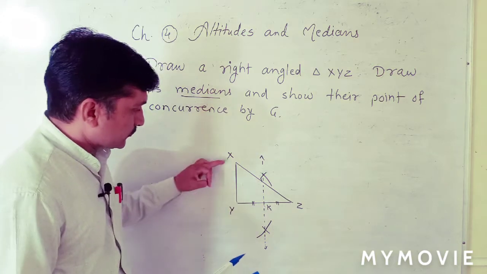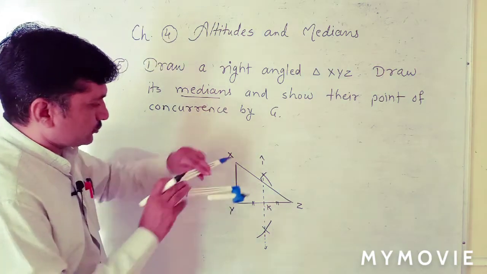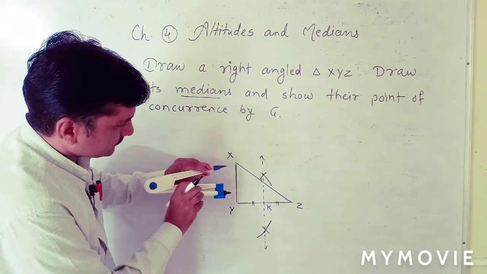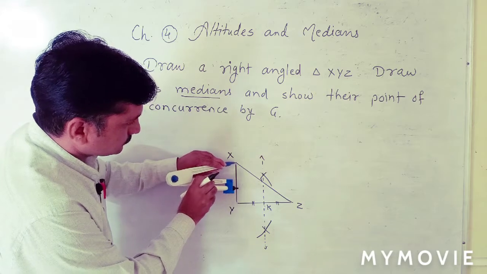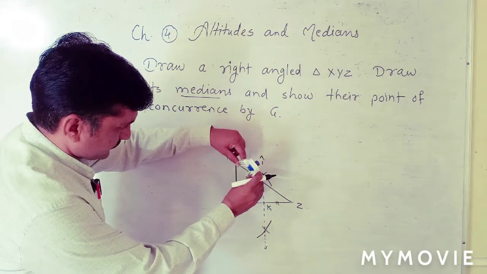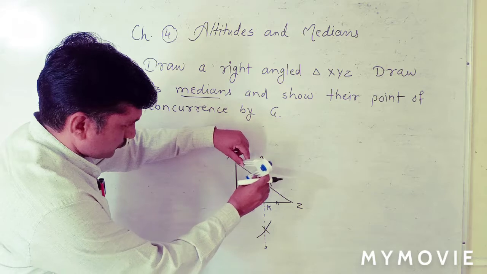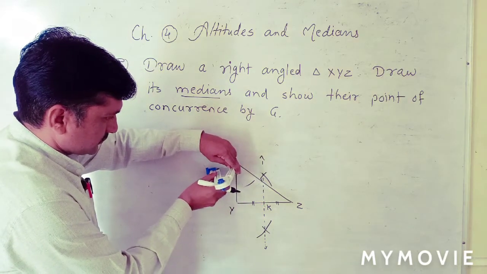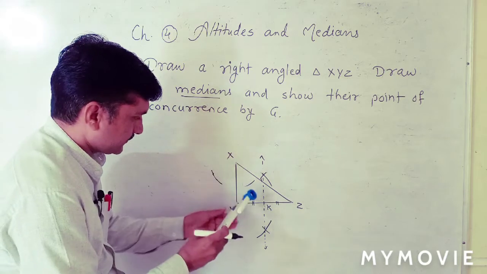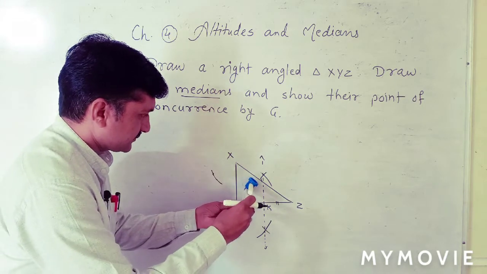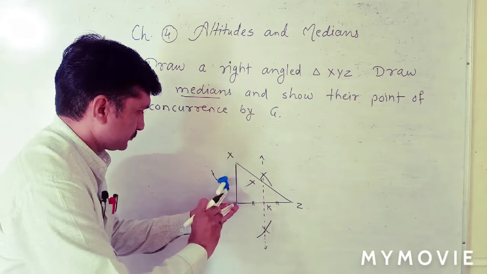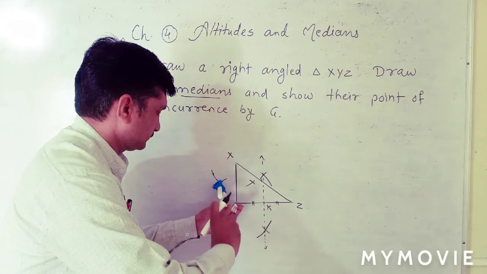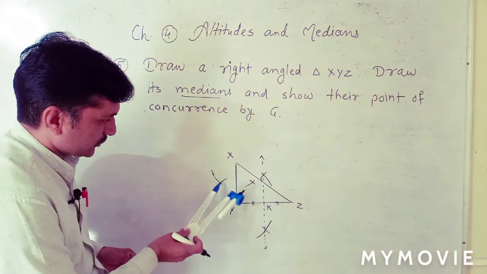Now YZ is over. Next I bisect XY. From X, more than half, one arc to the right side, second arc to the left. Okay, then from Y, let them intersect on both sides. Here, this point and this point.